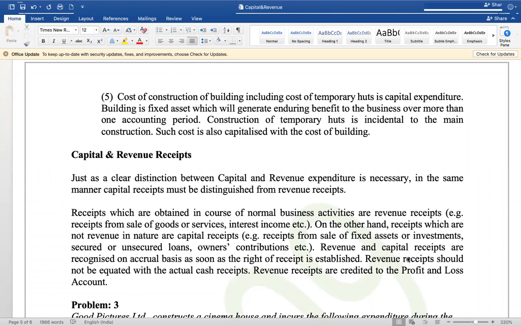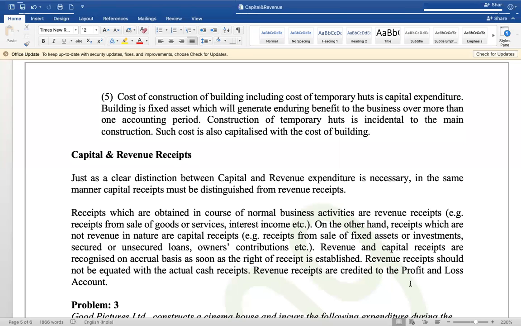Once it is accrued, you will establish and record it. That's a capital receipt. Whether it is a revenue or capital receipt, once it becomes accrued, we establish such a receipt and record it in the books of accounts. That's what I try to say. So the revenue receipt should not be equated with the actual cash receipts.